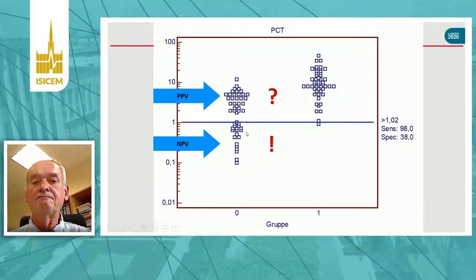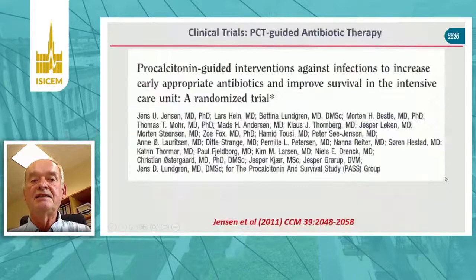All these negative patients with a low number of the biomarker are really negative. They don't have a diagnosis. So you can predict the absence. And this was very important in two large clinical studies, which I want to show you at the end.